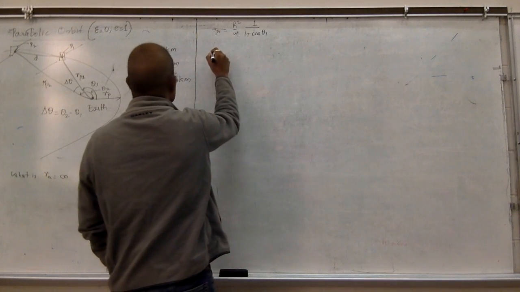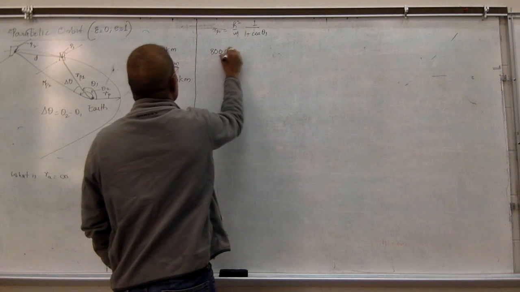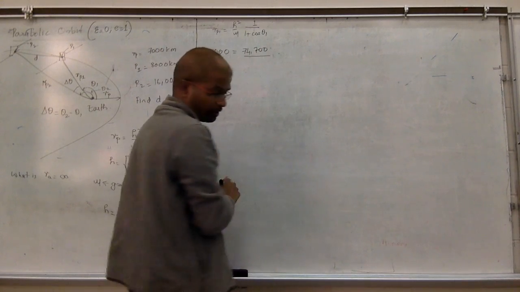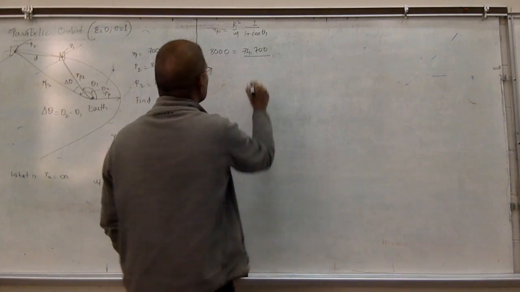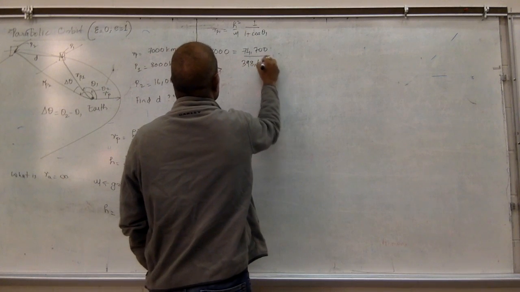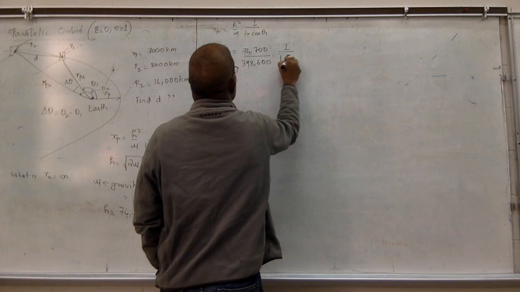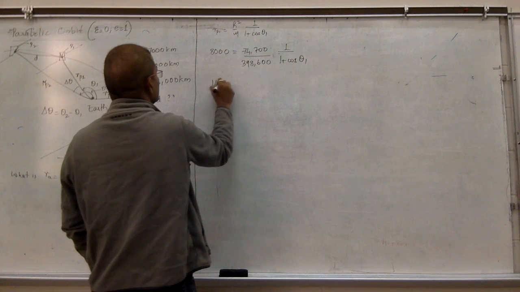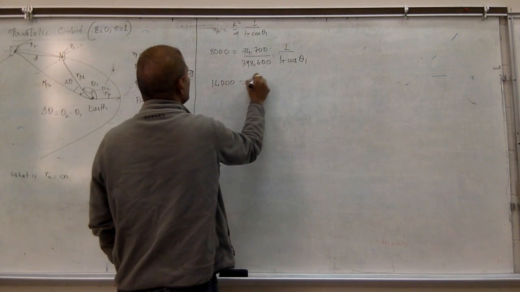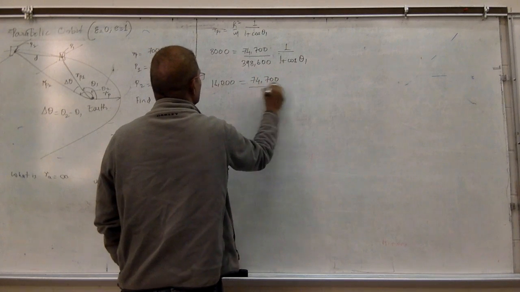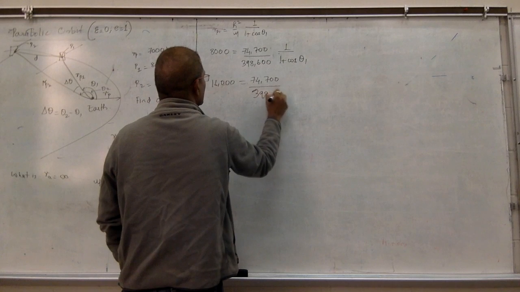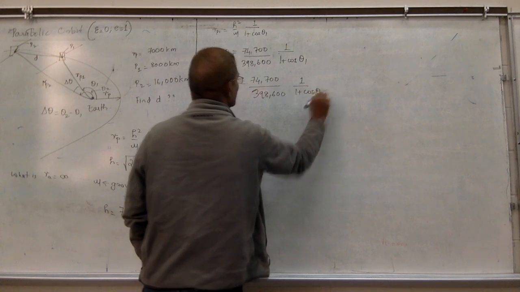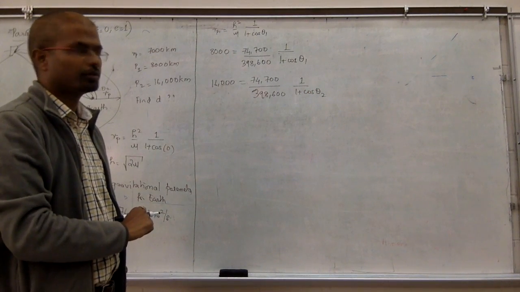So you have this is equal to 8,000, equal to 74,700 divided by 1 over 1 plus cosine theta 1. This is 16,000.